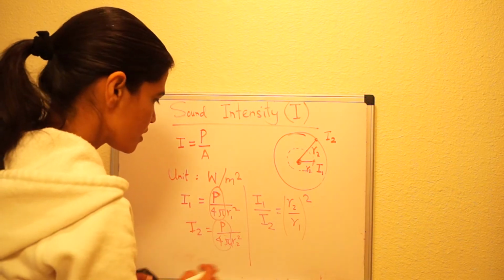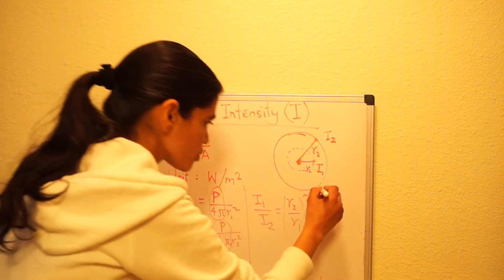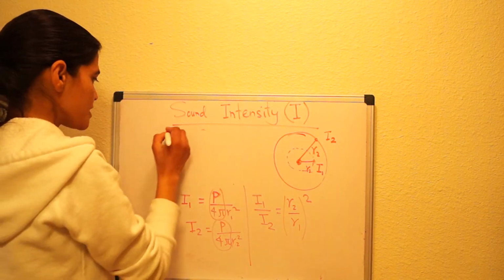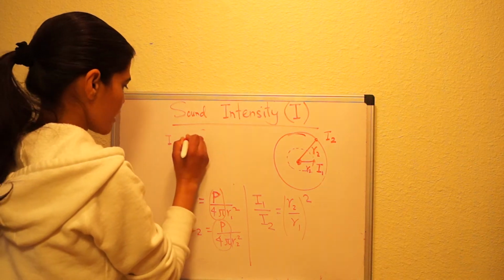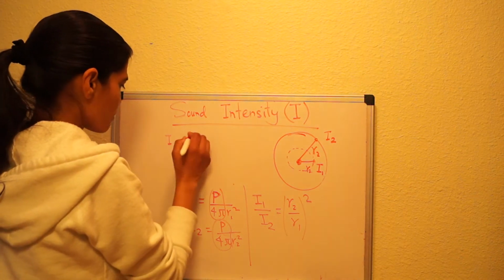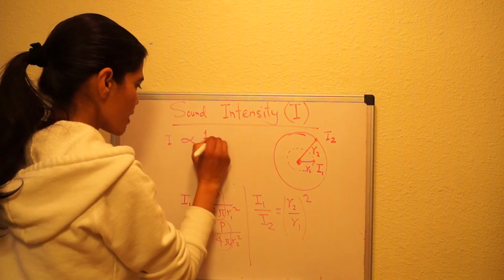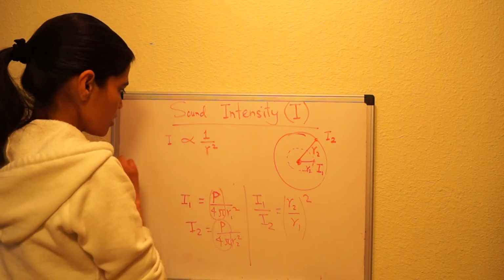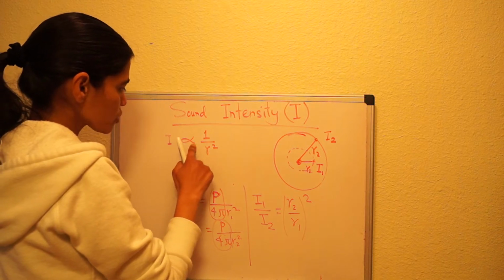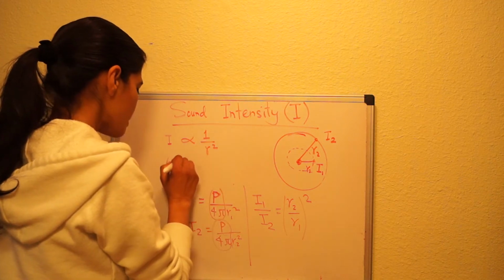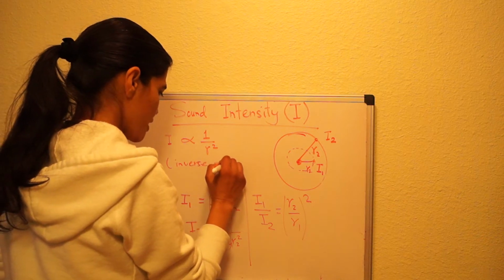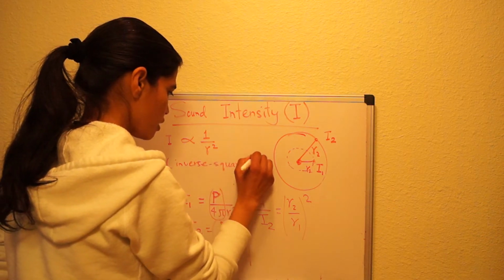I'm gonna write down here, up here: the intensity goes like this. Intensity is proportional to 1 over r squared. This is called the inverse square law.